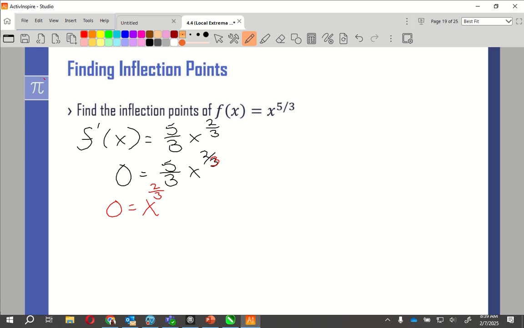Okay, so how do I undo that power? There's some algebra right here. How do I undo that power? Oh, if I rewrite it like this, hold on. This might actually help. So cube root of x squared.